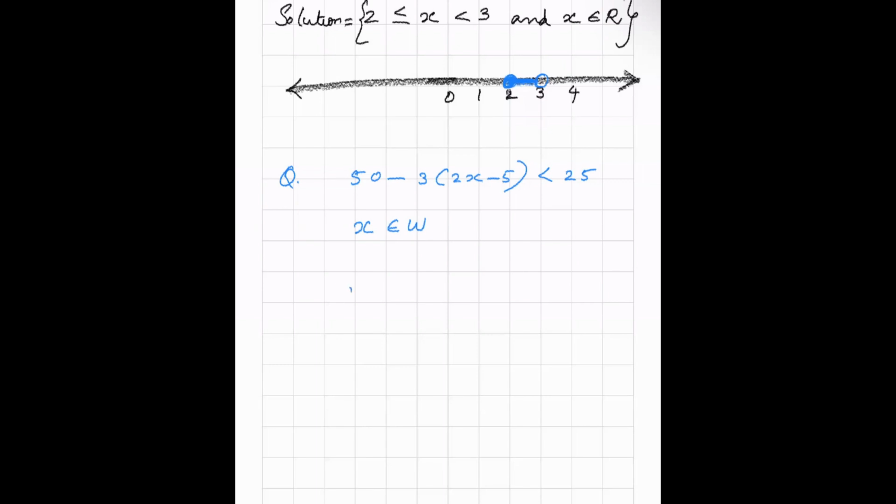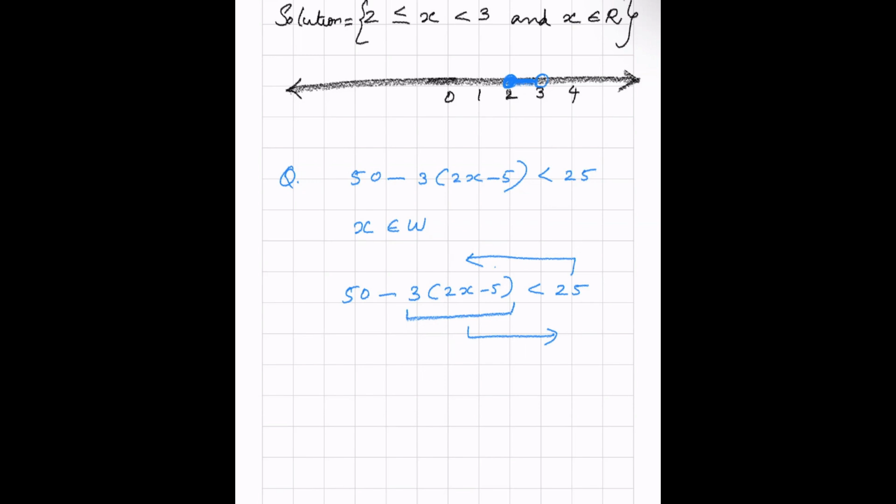So it is 50 minus 3 into 2x minus 5 less than 25. Then what I would say is take this to this side and bring this to this side. That will avoid us playing with multiplying by negative sign or reversing the inequality sign.